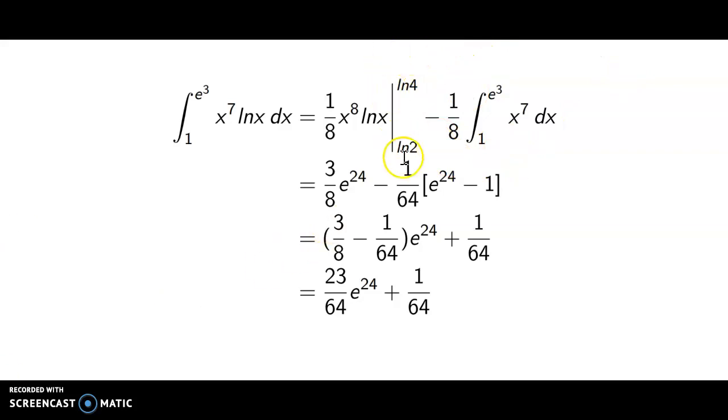I'm sorry, I have a mistake. This should be 1 and this should be e to the 3. And then this part is going to be 3 over 8 times e to the 24 minus 1 over 64 times e to the 24 minus 1. And finally, we can get this answer.